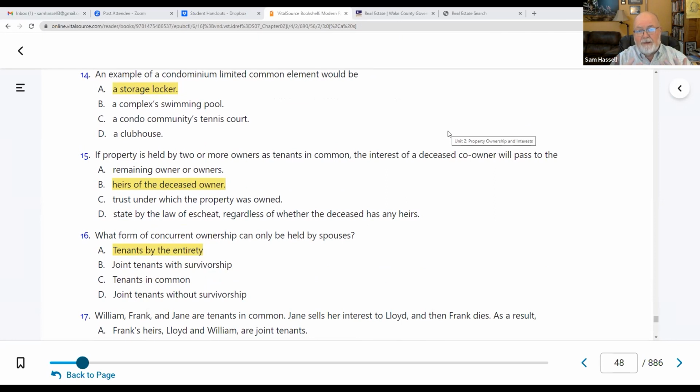It came with your HOA dues, basically a storage shed. Everybody can use the pool, right? Not everybody can use your storage locker, only you can use it. Everybody can use the tennis court, only you can use the storage locker, all right? Same thing with the clubhouse. So that is a limited common element.